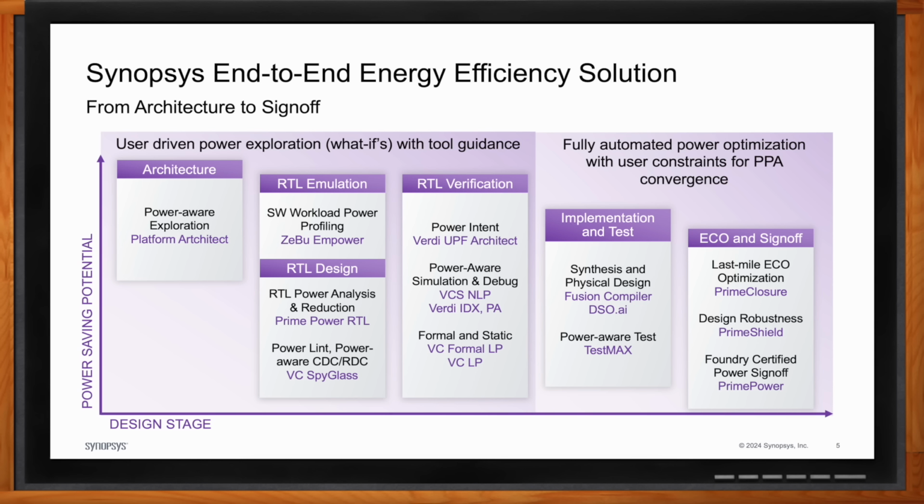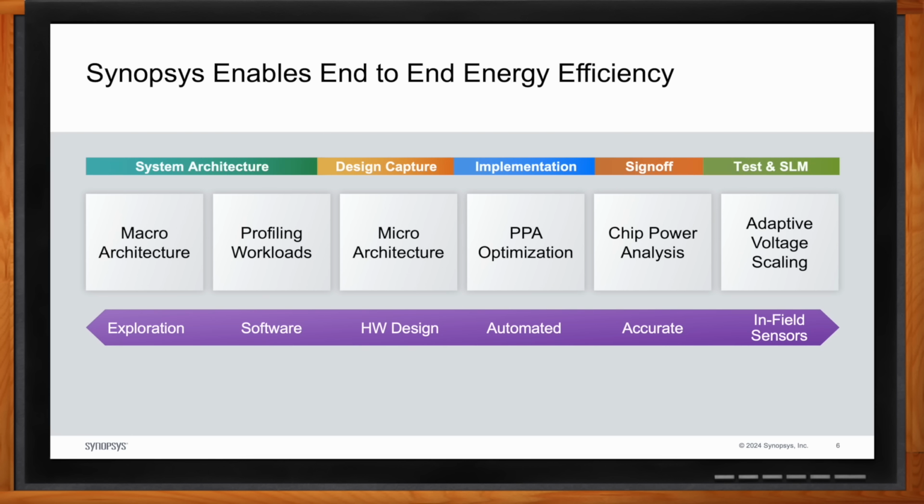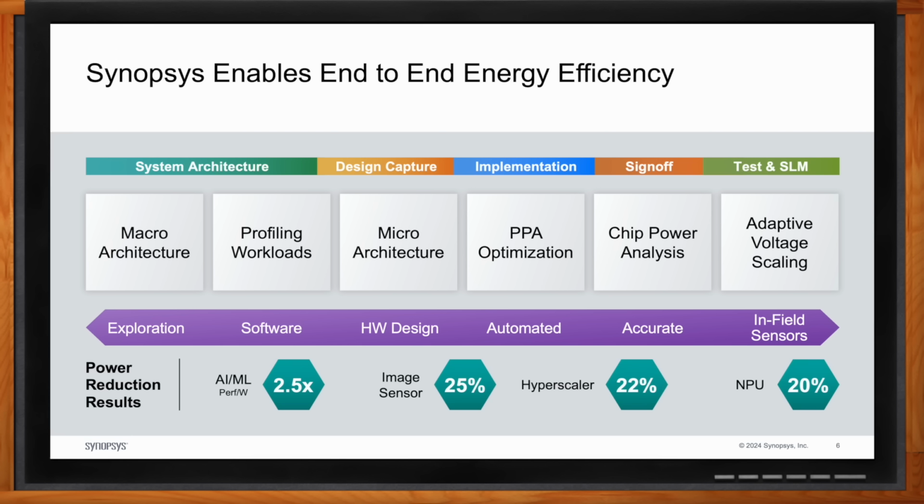Yeah, that's a really good question because ultimately the proof is in the pudding, as they say. And what you really need to look at is what are these power improvements or energy efficiency improvements? So this gives you an idea. And let me pick on one example in particular. A company by the name of SEMA.ai published a paper at the Synopsys user group meeting where they showed us that they were using Synopsys technology specifically for software workload power profiling.